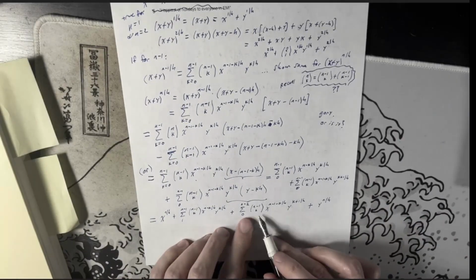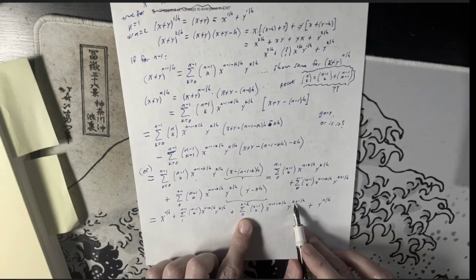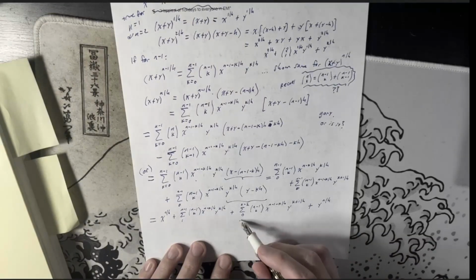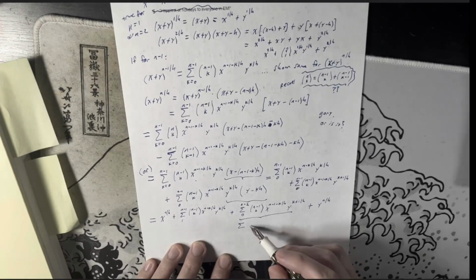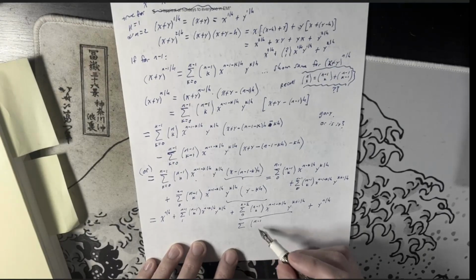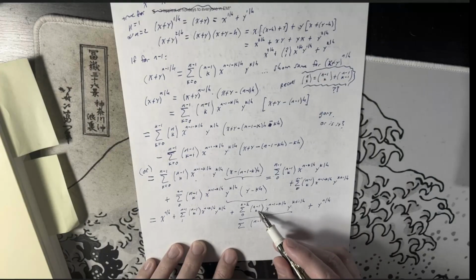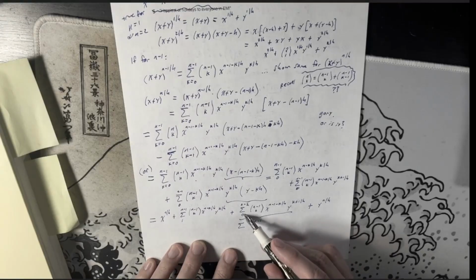If we change this to be k equals 1 to n minus 1, at 1, you just get... So I can rewrite this series, for instance, as k minus 1, right? Yeah, subtract 1 from all the k's and start at 1 instead.